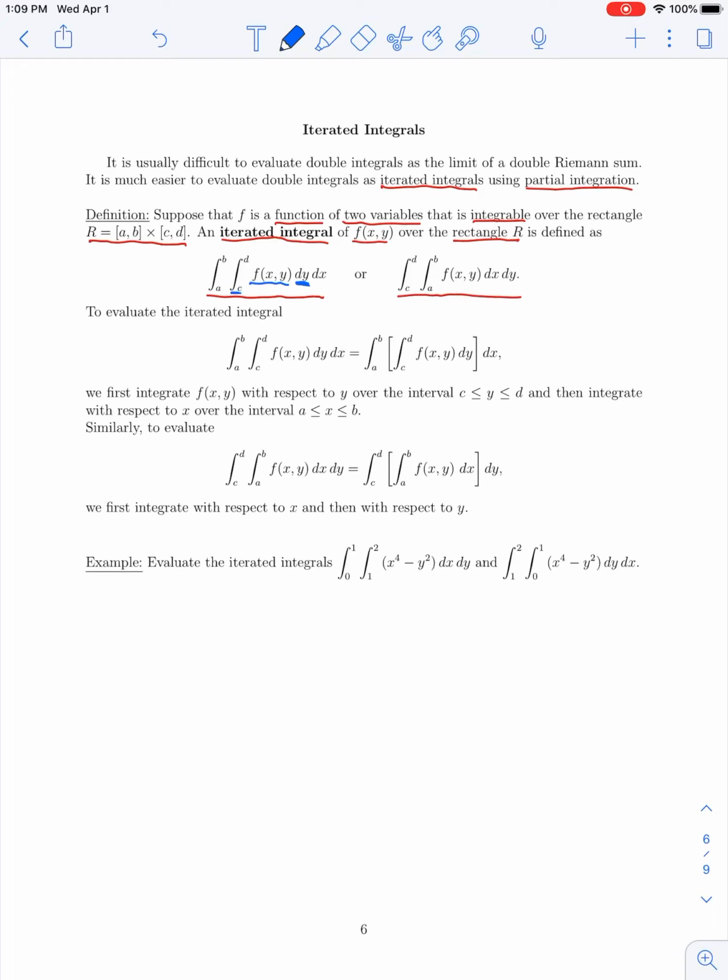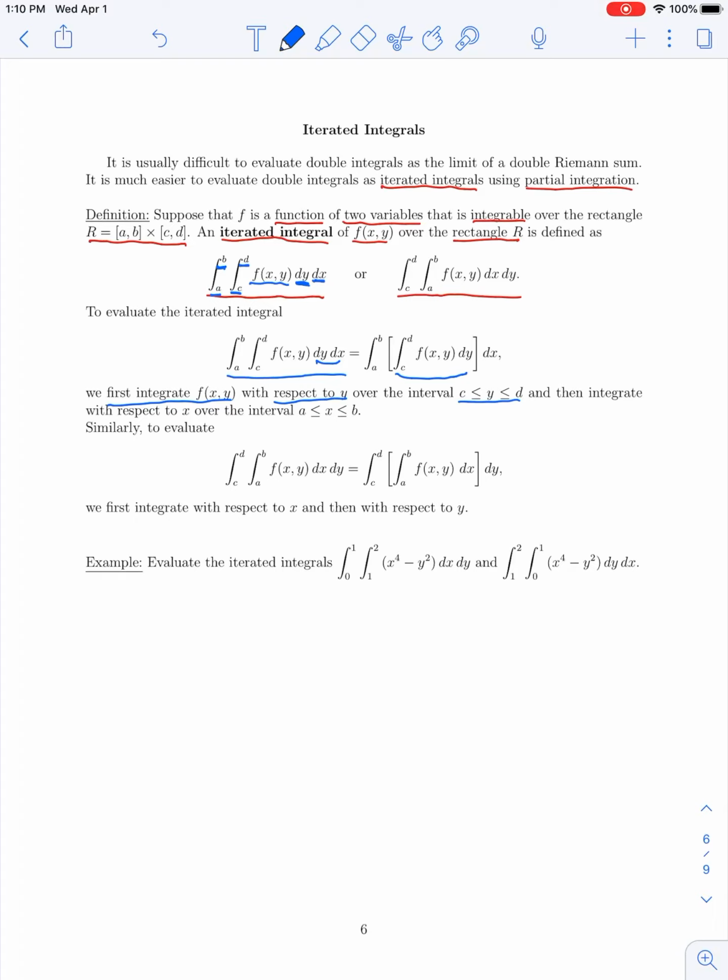So in this first iterated integral, we are integrating the function f of x,y first with respect to y over the y interval from c to d, and then with respect to x over the x interval from a to b. So to evaluate this iterated integral, where we have the order dy dx, we are first going to integrate the function f of x,y with respect to y over the y interval from c to d.